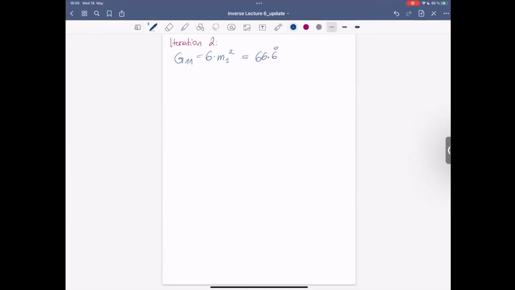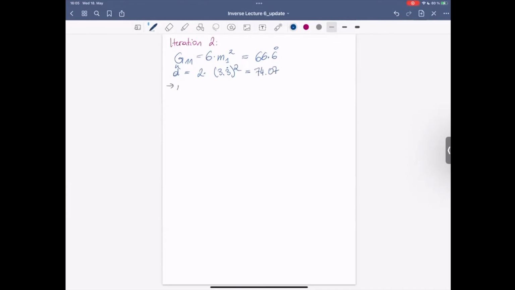For M1, we use the 3.3 we got before. Our predicted data becomes now 2 times 3.3 periodic cubed, equals 74.07.